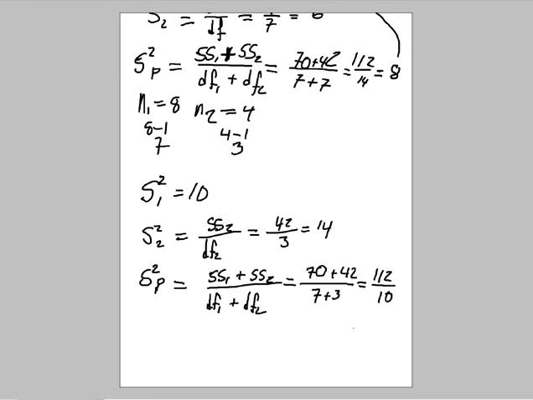And that, of course, equals 11.2. And you'll notice that 11.2 is closer to our larger sample's variance than the smaller one, just like we thought it should.